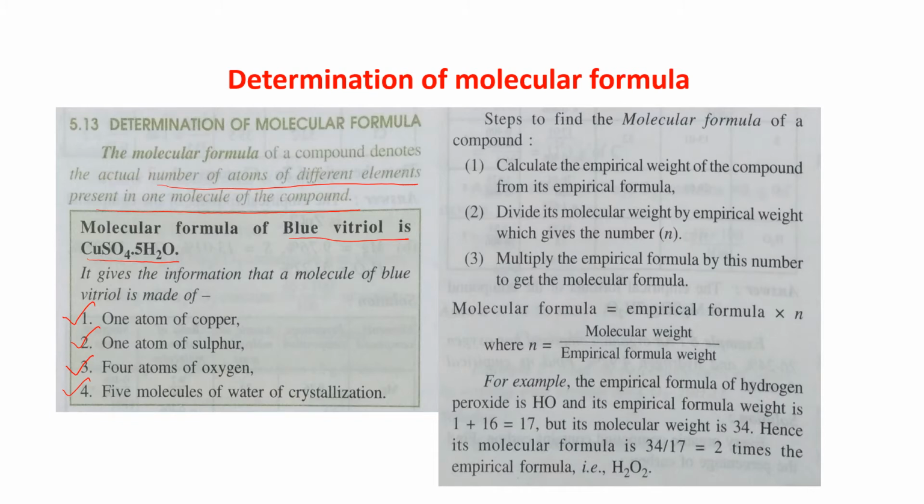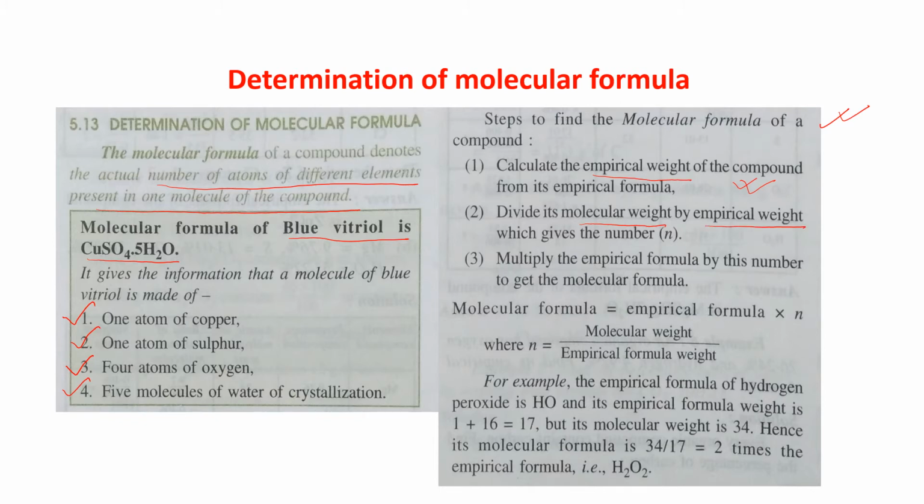Okay, now the steps to find the molecular formula of a compound. How to find out the molecular formula of a compound? Calculate the empirical weight of the compound from its empirical formula. That means you first find the empirical formula and then find the empirical weight of the compound. Then divide its molecular weight by the empirical weight.